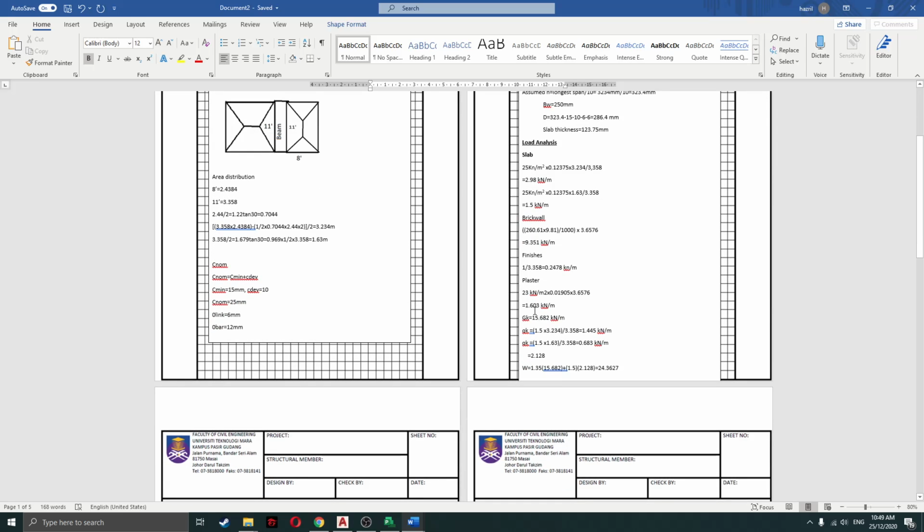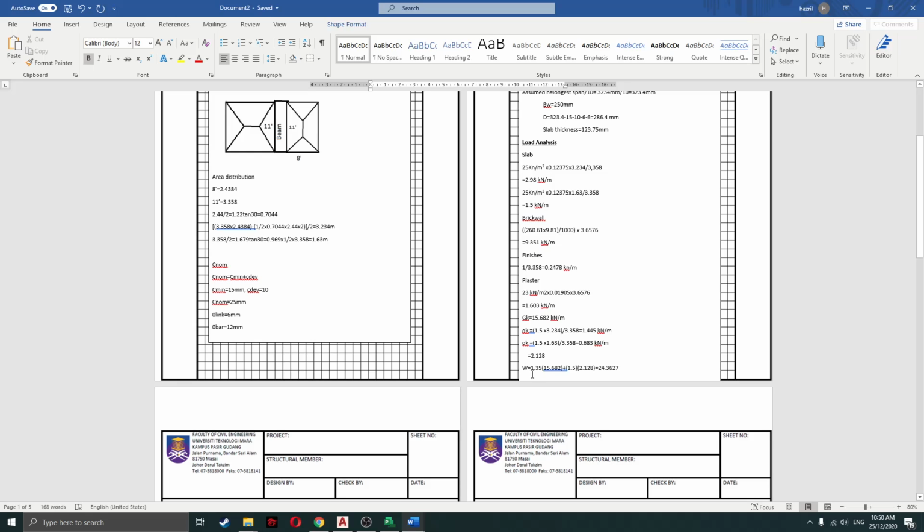Faster I get 1.603, and then add up I get 15.682 for GK. QK get 1.445, 0.683. Total up 2.128.